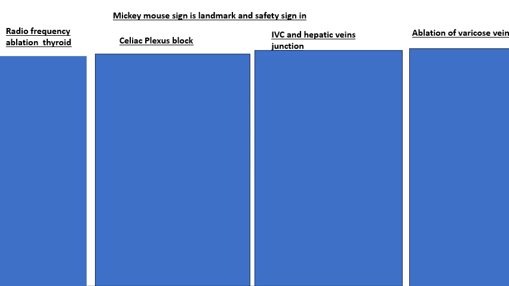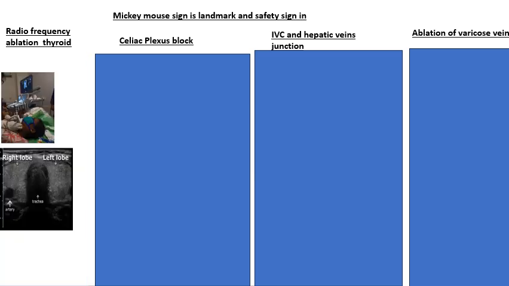So Mickey Mouse sign is a hallmark of safety in where exactly do you find it? Let's have a look. Is it radiofrequency ablation of the thyroid? I'll talk a little bit about ablation of the thyroid, especially benign nodules. Not all thyroid nodules need to be operated upon. They can be ablated with radiofrequency waves.